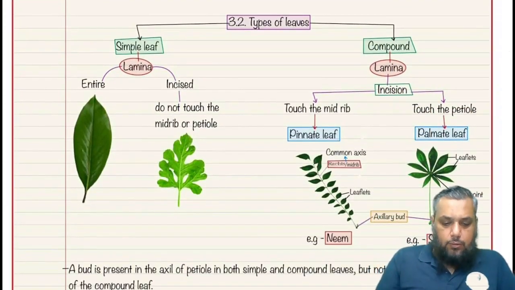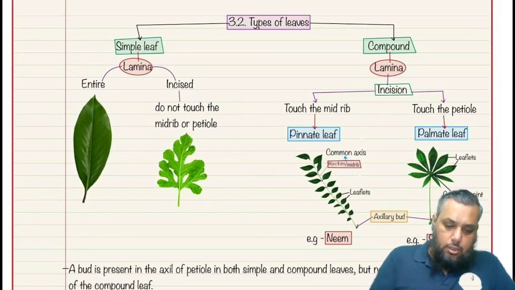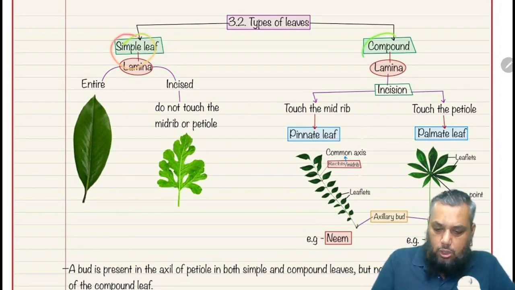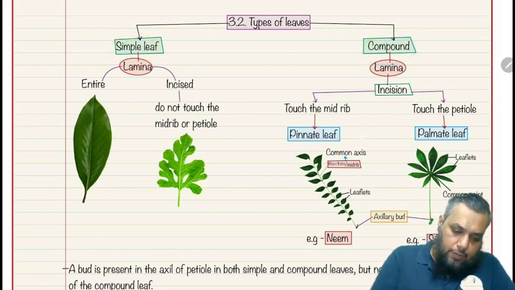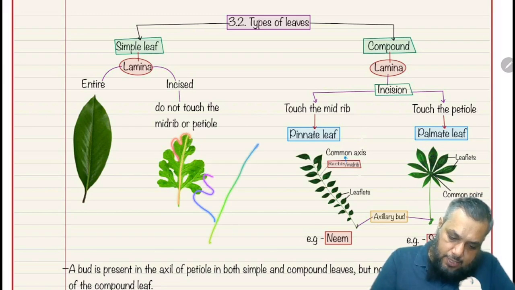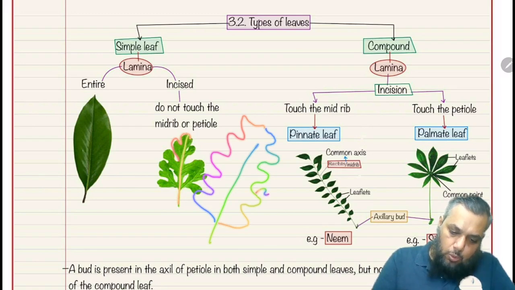Now, the leaves can be classified as a simple leaf or a compound leaf. Now let us see the difference between them. If the lamina is entire, see this lamina is entire, पूरा, या फिर it is incised, cut है, but the incisions don't reach the midrib. जैसे देखो ये वाला डायग्राम में जो मैं बना रहा हूँ, incised है, थोड़ा कटा हुआ लग रहा है, but ये जो incisions है वो midrib तक नहीं पहुंच रहे.